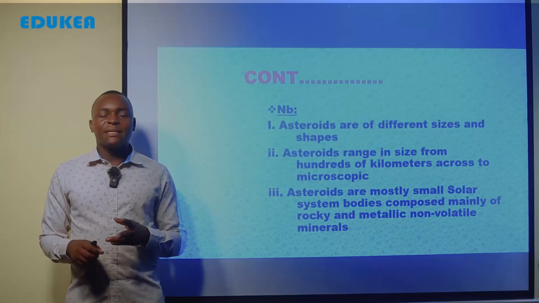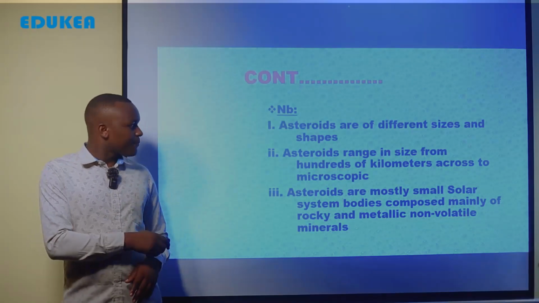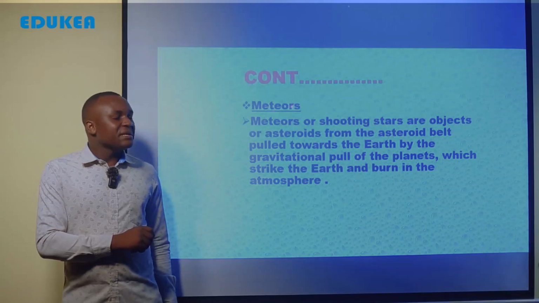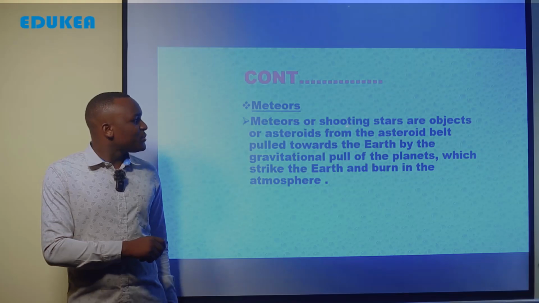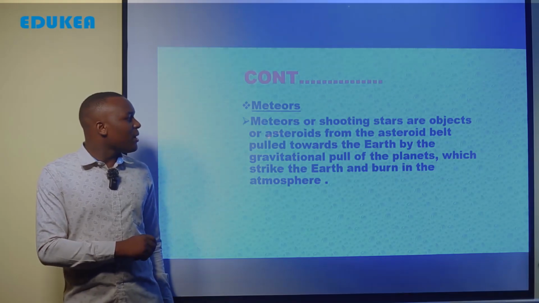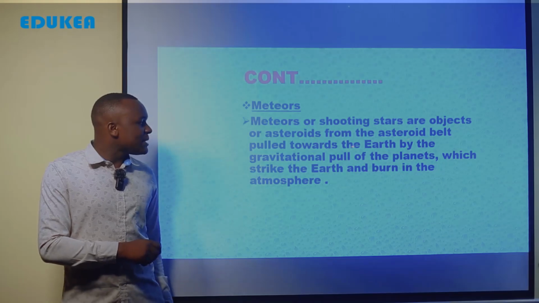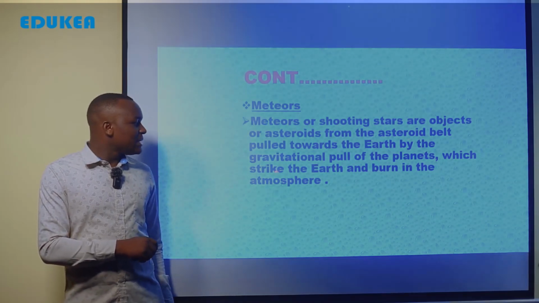So among them include meteors. We say meteors or shooting stars, an object or asteroid from the asteroid belt pulled toward the Earth by the gravitational pull of the planet, which strikes the Earth and burns in the atmosphere. Kuna kitu kinaitwa vimondo.